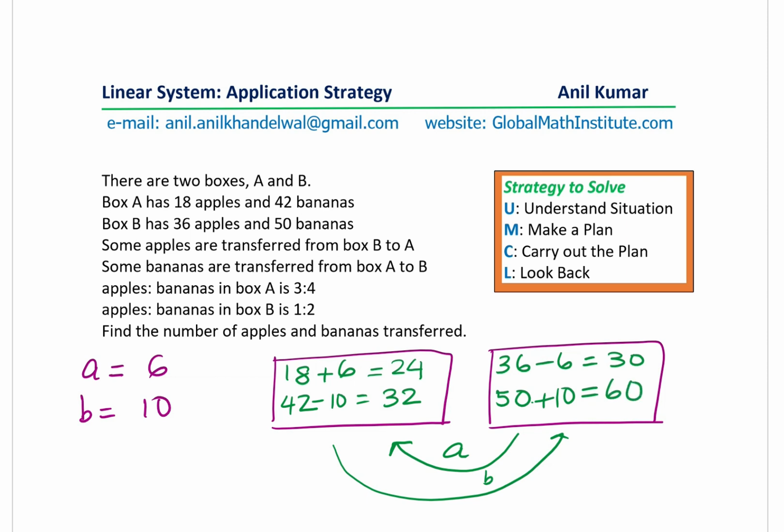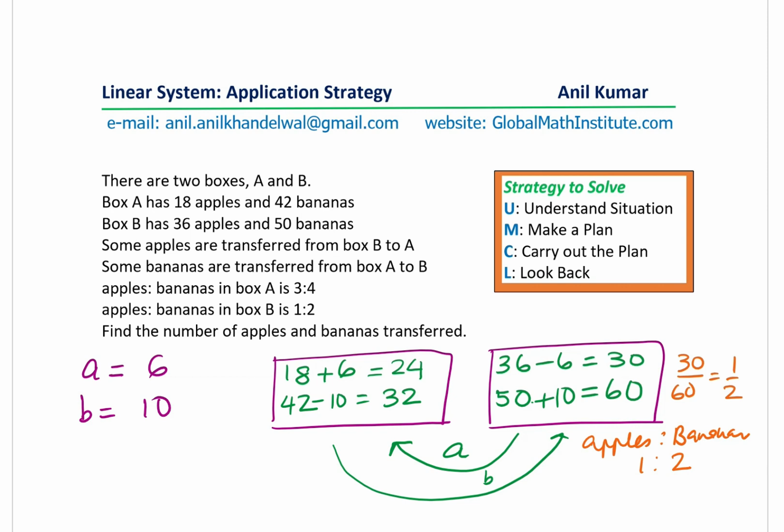So as you can see, the ratio here is 1 is to 2. Correct? So this is 30 over 60, which is the same as 1 is to 2. So that is the ratio for apples to bananas. I should write, because A and B were boxes taken, so apples to bananas is 1 is to 2.